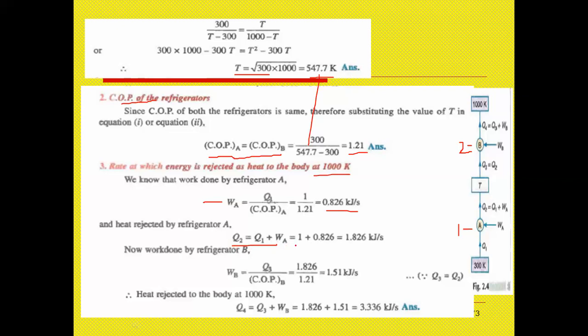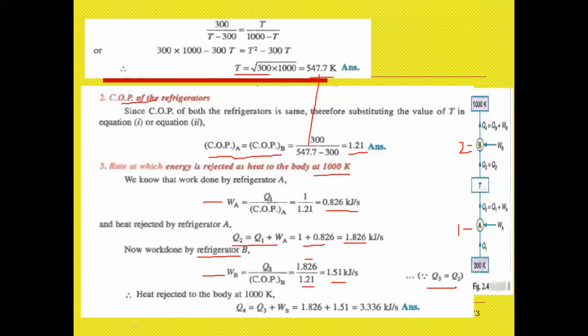Q1 plus WA is 1 plus 0.826, that is equal to 1.826. Now the work done at refrigerator B, WB, is equal to Q3 divided by COP of B. Therefore 1.826 divided by 1.21 gives 1.51, where Q3 is equal to Q2.